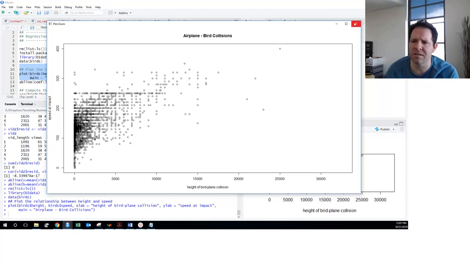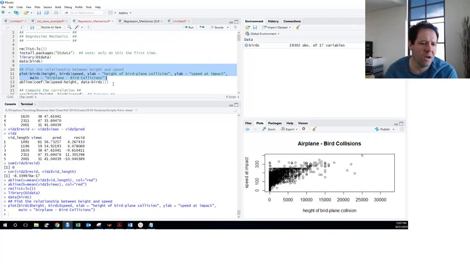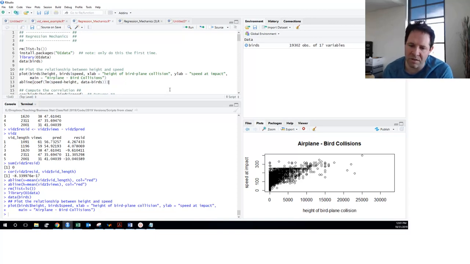It's a data set that's useful for the airline industry to avoid costs, but you can get a sense of what these bird-airplane collisions look like, looking at the speed versus the height of the collision.